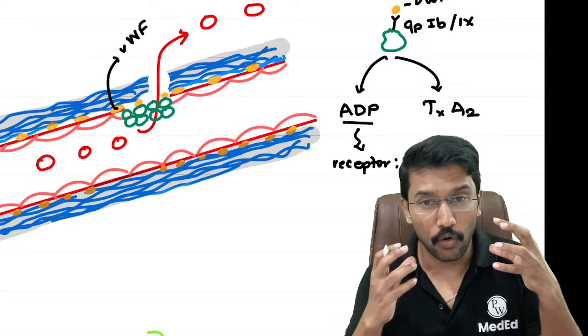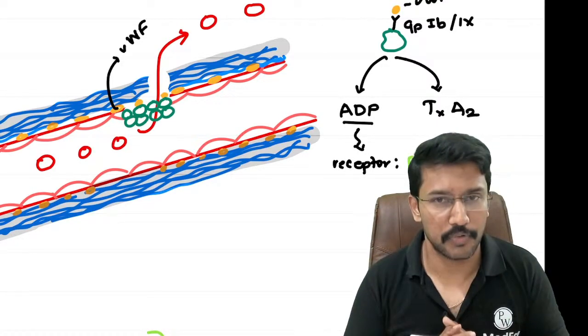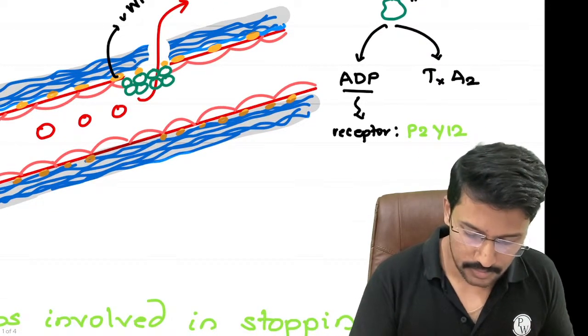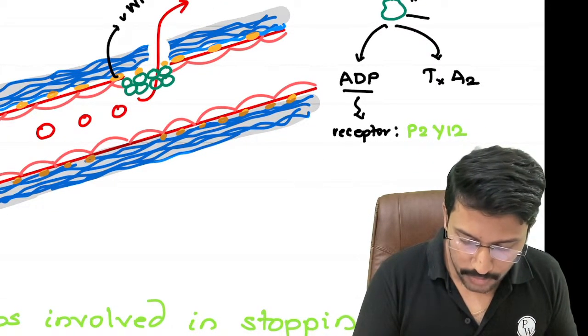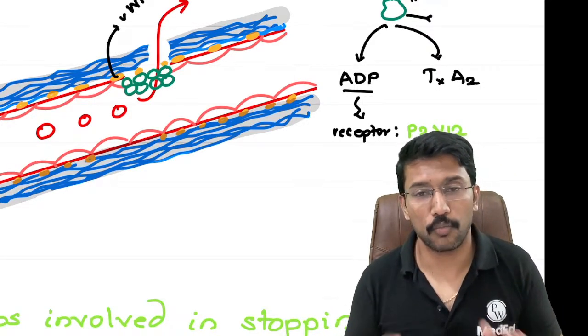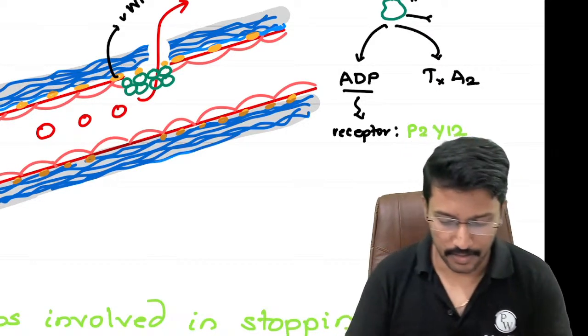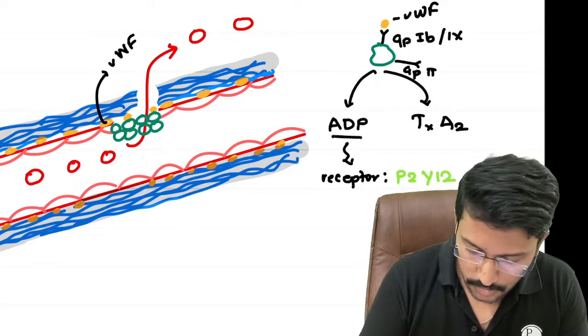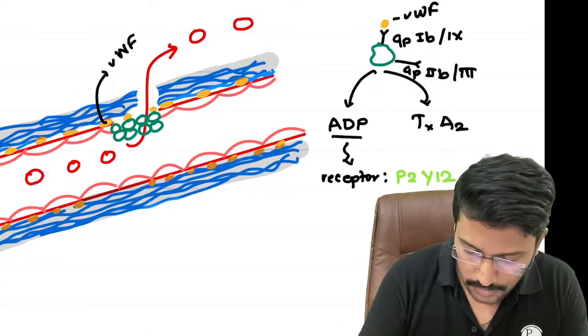So obviously they will also require a receptor. What is that receptor? Glycoprotein 2b3a. So we have one more receptor called glycoprotein 2b3a.